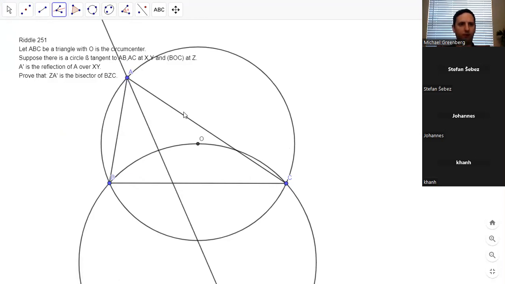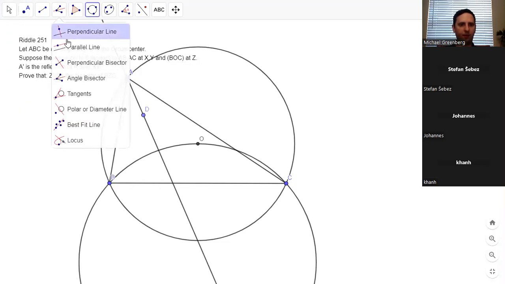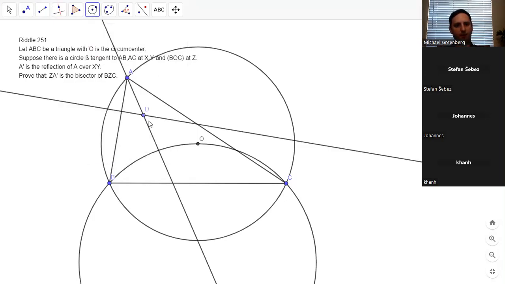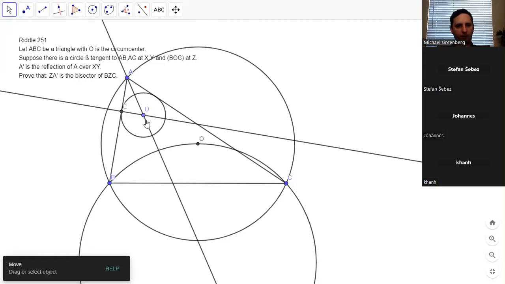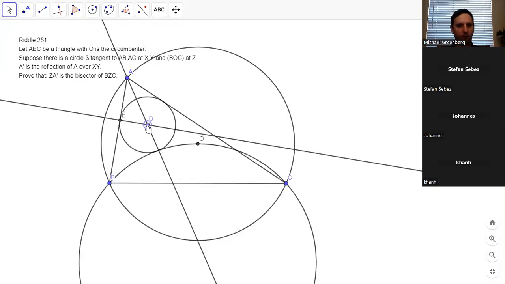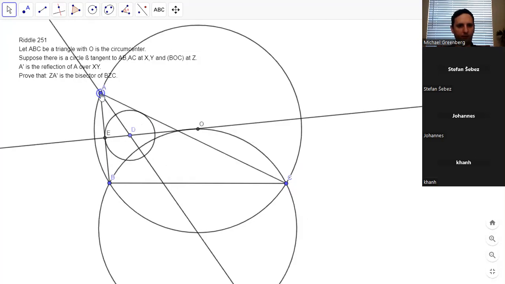So other than that, for now I'm just going to guess. And it's easier if this is obtuse.